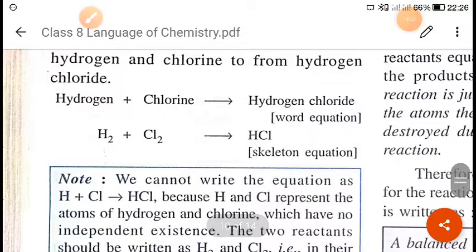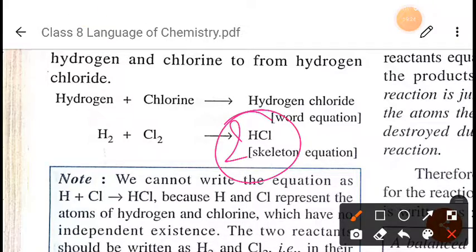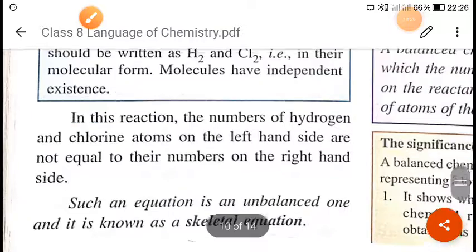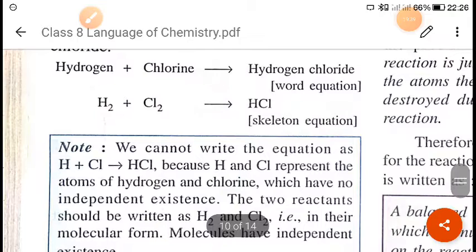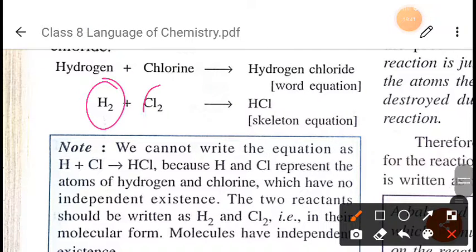So it will form 2HCl. Now, as you can see in this equation, here are 2 hydrogen and 2 chlorine, but here only 1 hydrogen and 1 chlorine. So this side and this side are not balanced.